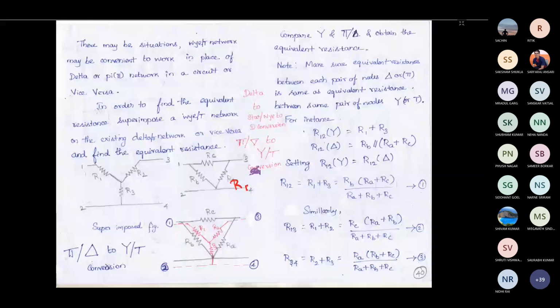Same thing I have written here. So RB is parallel to RA plus RC, so in the numerator I have to multiply these two elements: RB into RA plus RC, divided by RB plus RA plus RC. So that is given here.